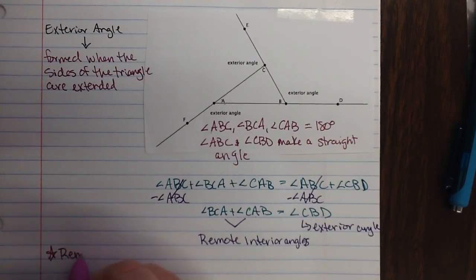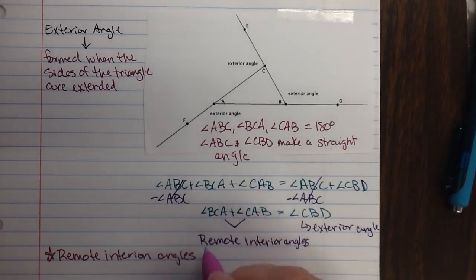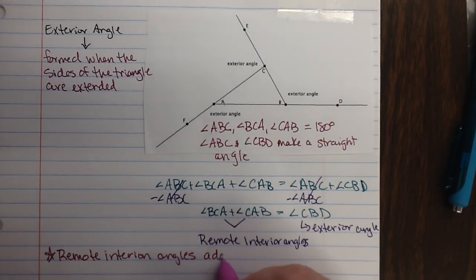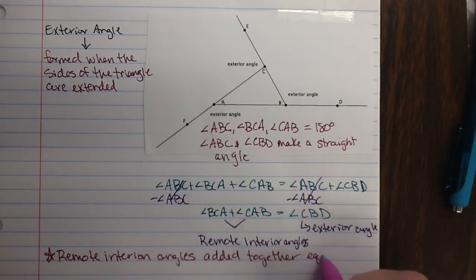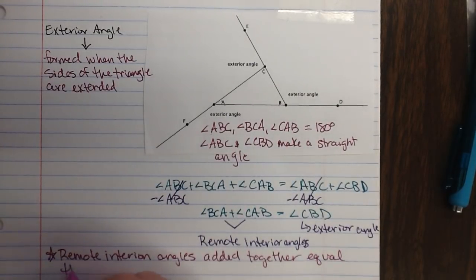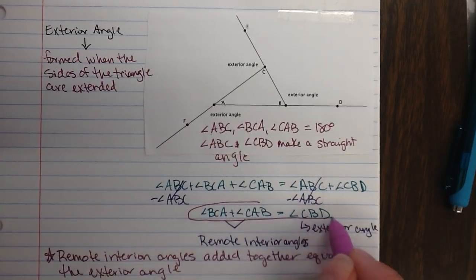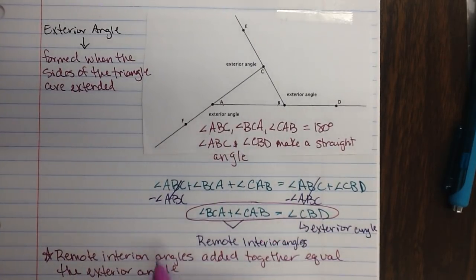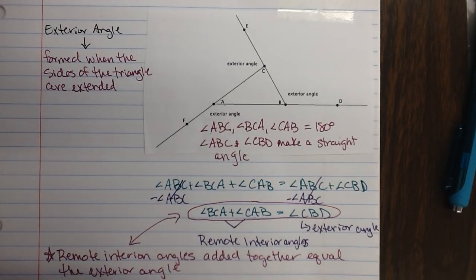Okay, the remote interior angles added together equal the exterior angle. This comes from this right here. I just wrote it in words. These two things are the same thing.